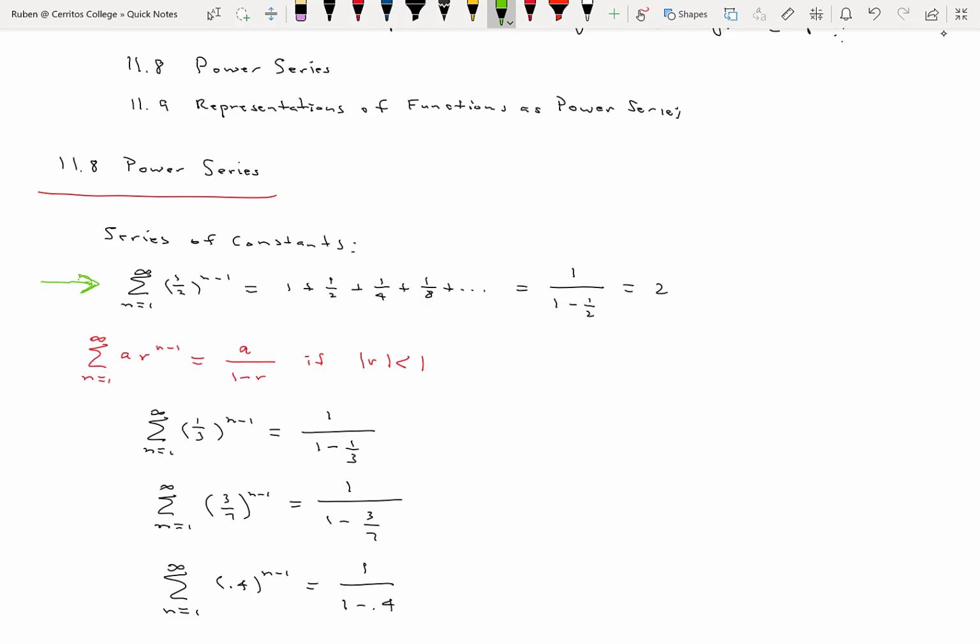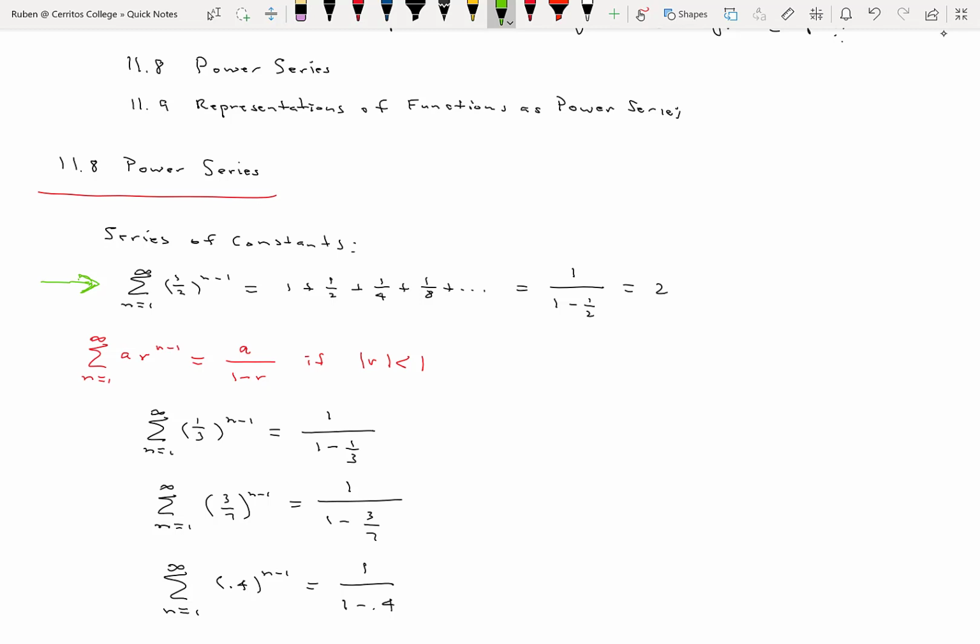If you write out the first few terms, when n equals 1, we get 1. And when n equals 2, we have (1/2) to the 2 minus 1, which is 1/2. Then plus 1/4, plus 1/8, etc. This series is a convergent geometric series, and converges to 1 over 1 minus 1/2.